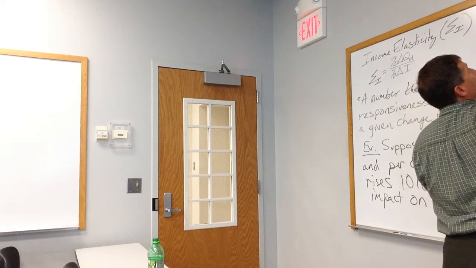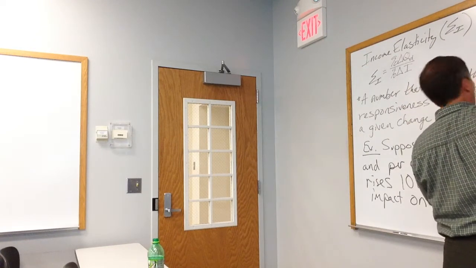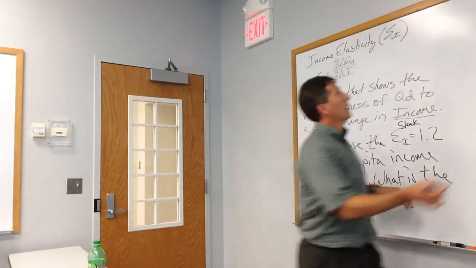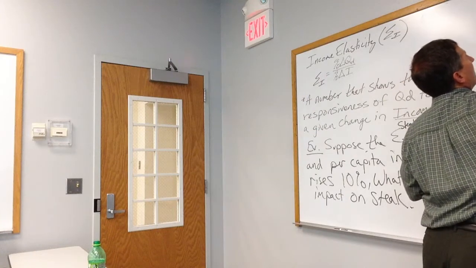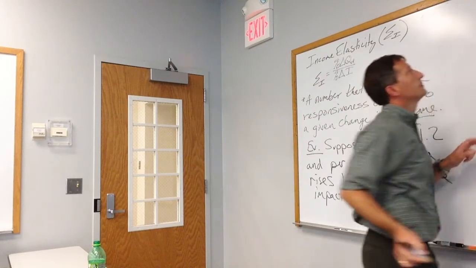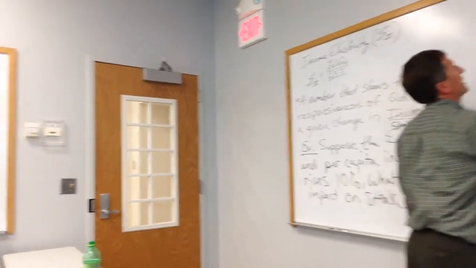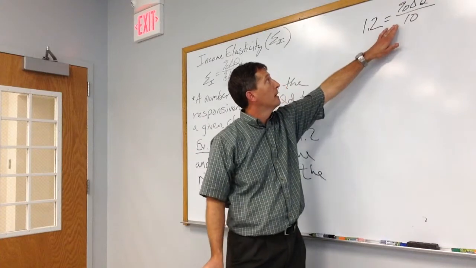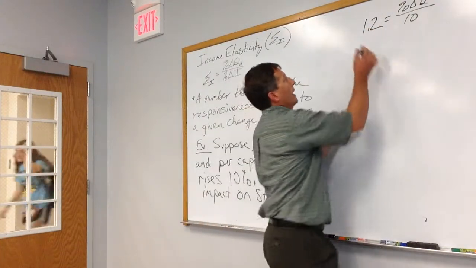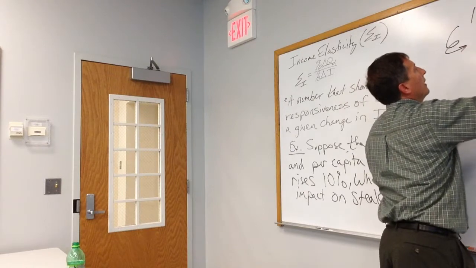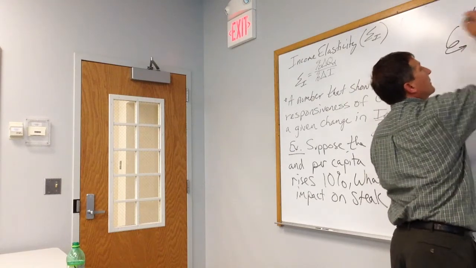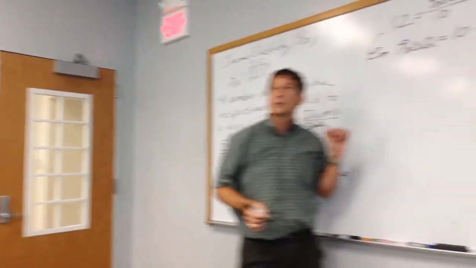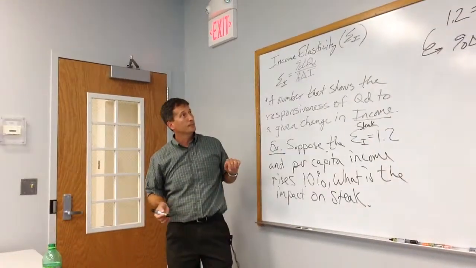So we've got the income elasticity of 1.2 equals the percentage change in quantity divided by the 10%. If you want, you don't have to put the percent down, just look purely at the numbers. So that leads you to solving this. 10 times 1.2 equals 12. We get a 12% change.